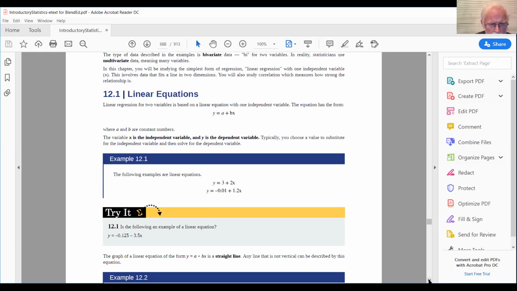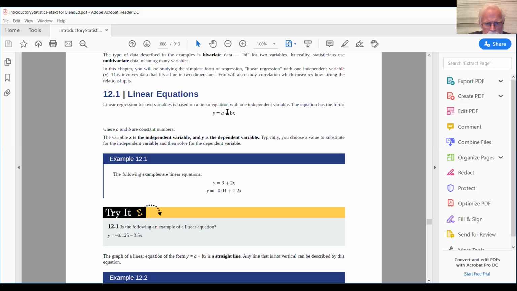Remember from our algebra, we used a slightly different notation. Here the straight line is a plus bx, and in our algebra class that was mx plus b. So this should be b plus mx if you look at our algebra.